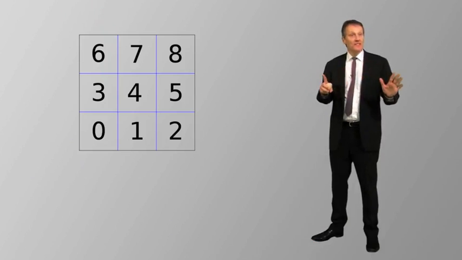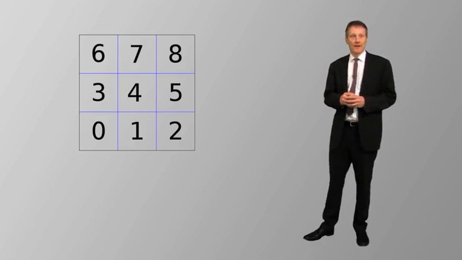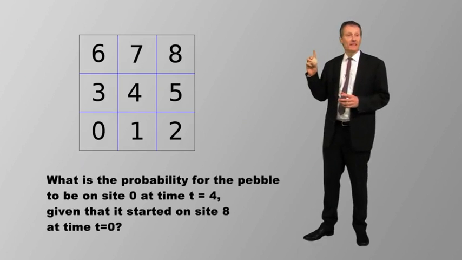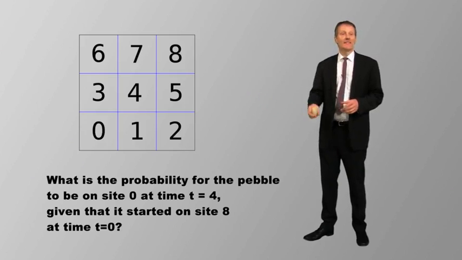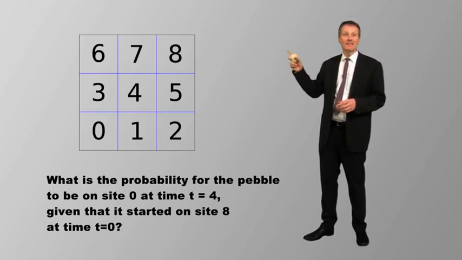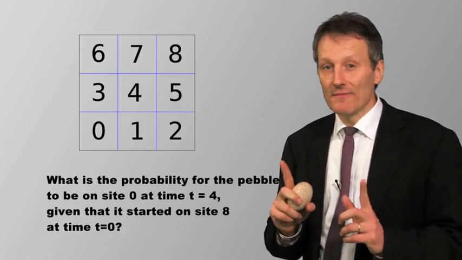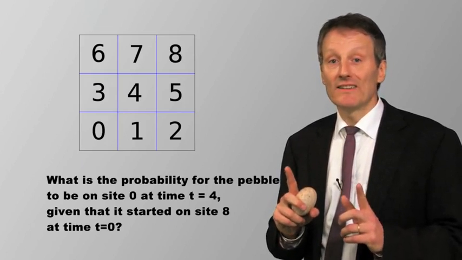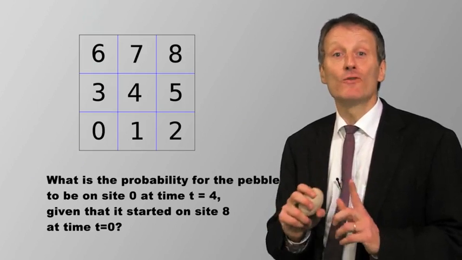Now, final question in this sequence, question 3. What is the probability to be on site 0 at time t equals 4, given that the pebble started on site 8 at t equals 0? Attention! The probability is a fraction, and it is not easy to find.